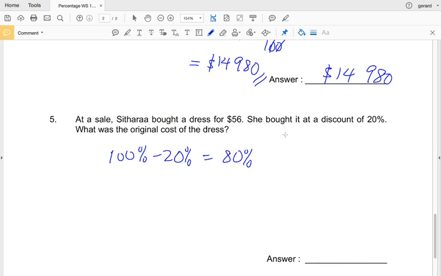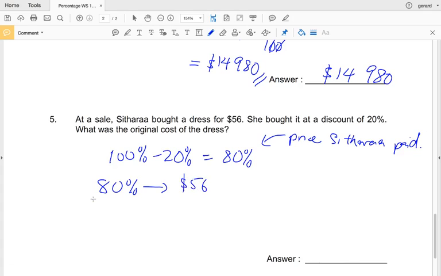Now this is actually the price Sitara paid. So if you're going to use the unit method, 80% is actually $56.